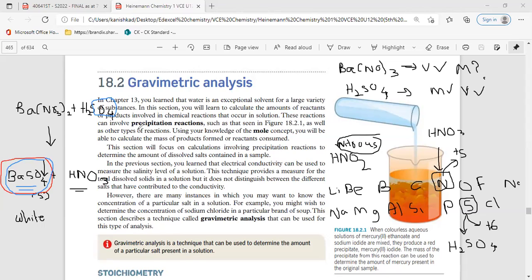That's something extra. However, barium sulfate doesn't dissolve in nitric acid. That is what we should know.